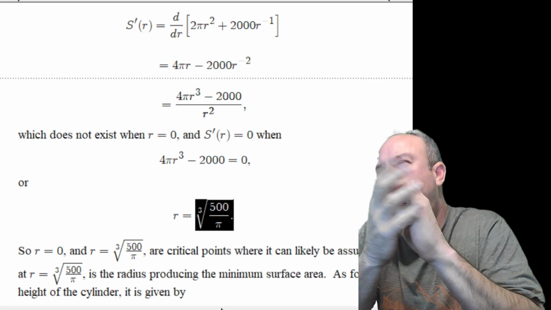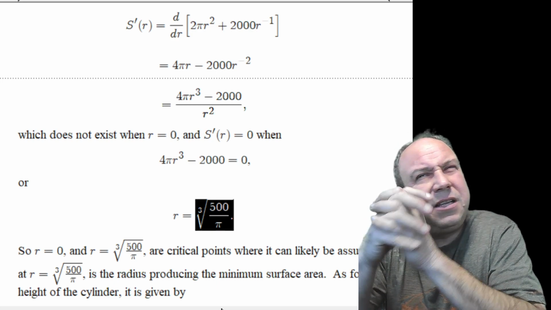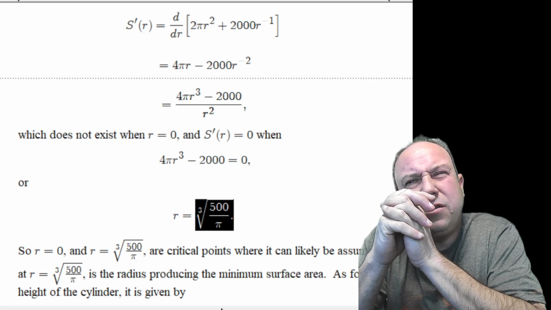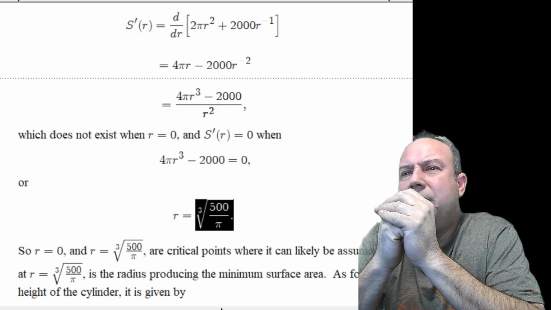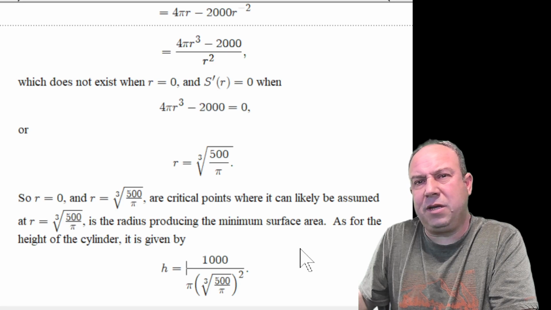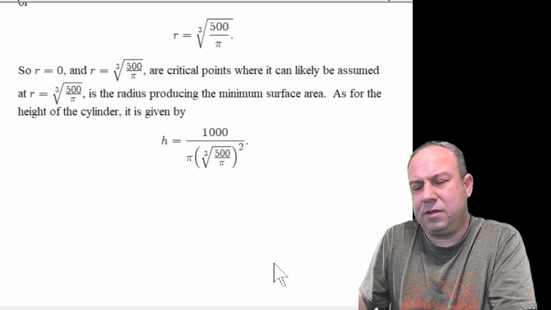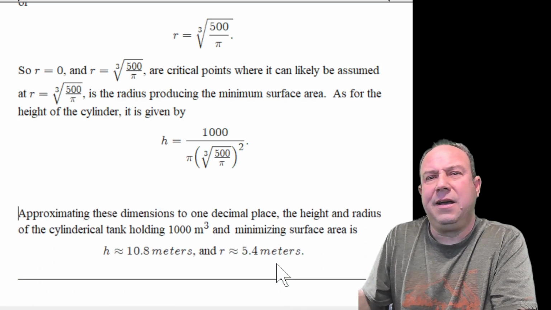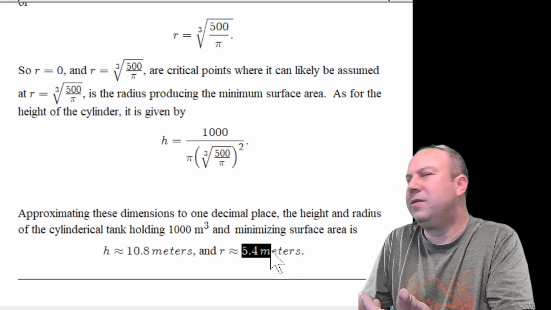Now, that critical point is the cube root of 500. So that's somewhere around 20 or so, divided by the cube root of pi. So it's, I believe, not terribly big. I do approximate it down below. Let's bring our final answer in here. Yeah, I do find that it is approximately 5.4 meters.